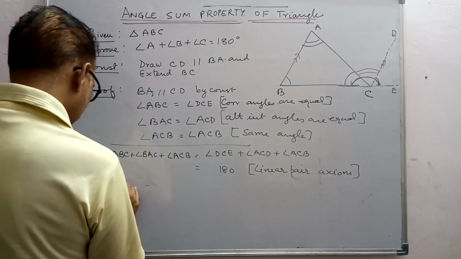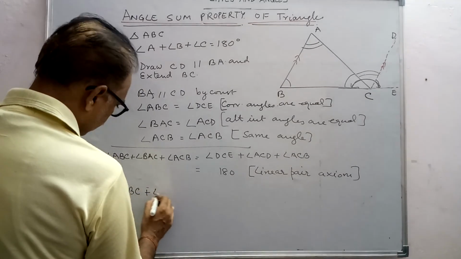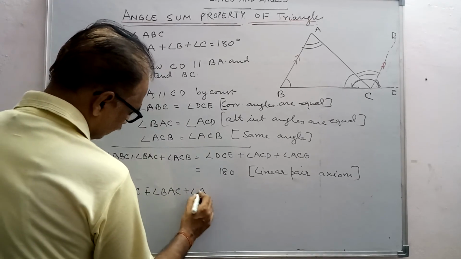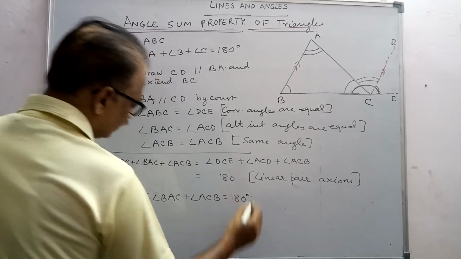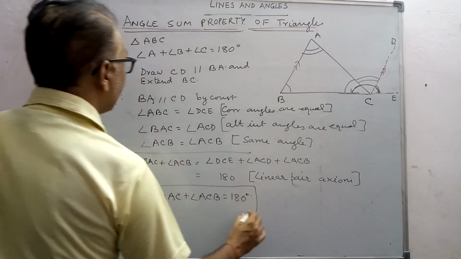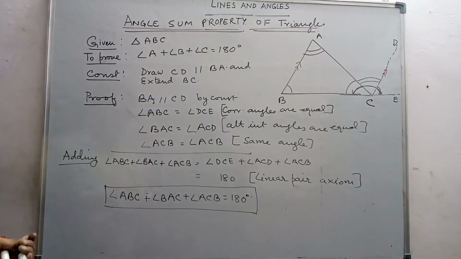So you come to the conclusion that angle ABC plus BAC plus angle ACB is equal to 180 degrees. This property is called the angle sum property of a triangle.